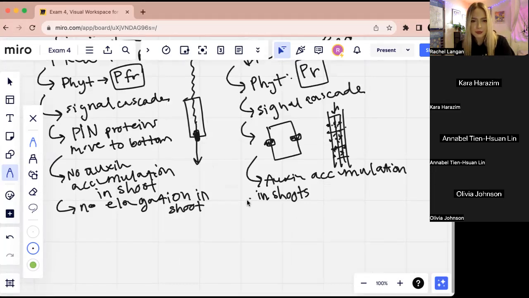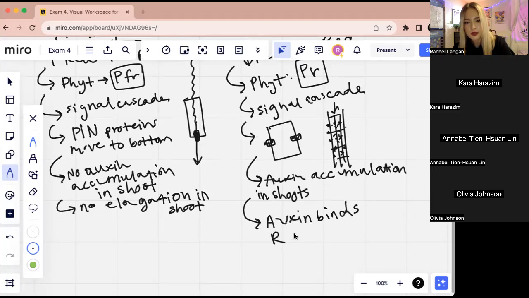So what happens then? So auxin is going to bind a receptor in the nucleus of the shoot cells.